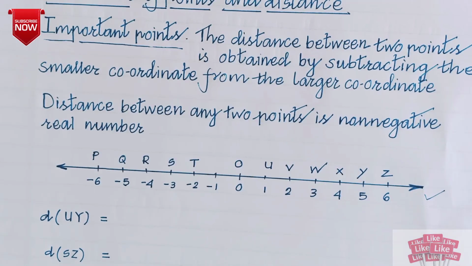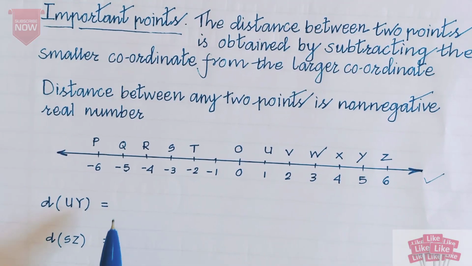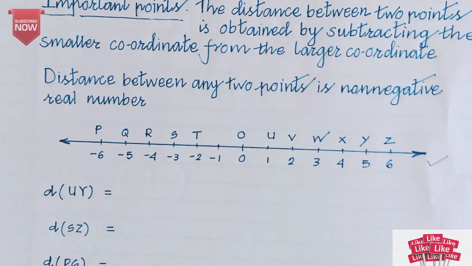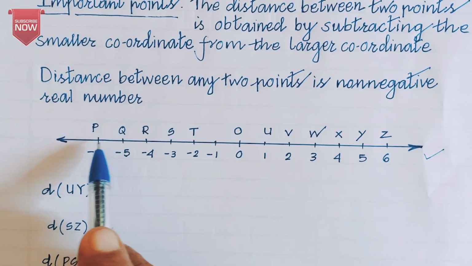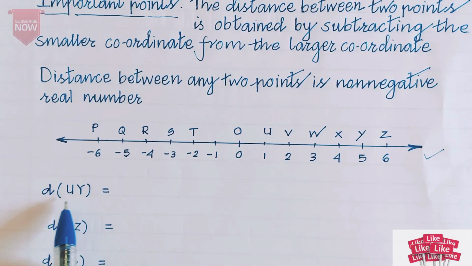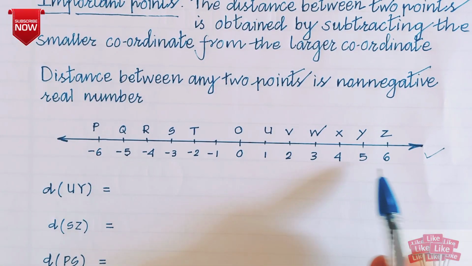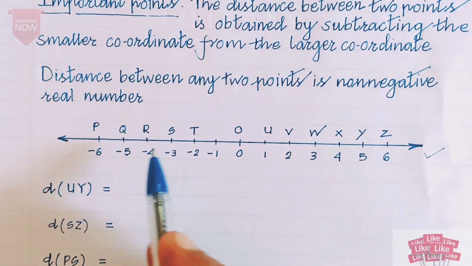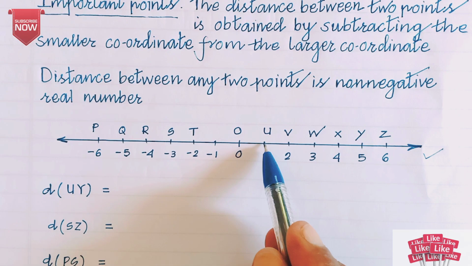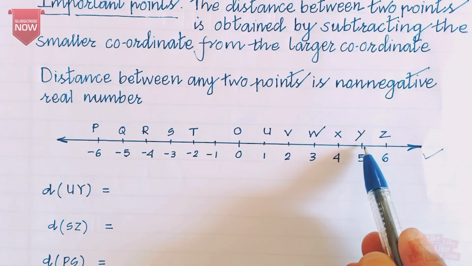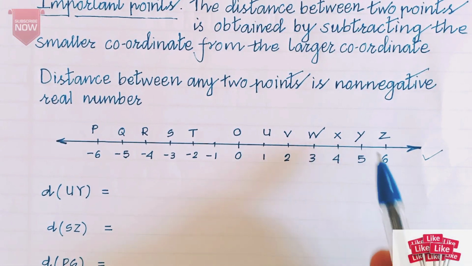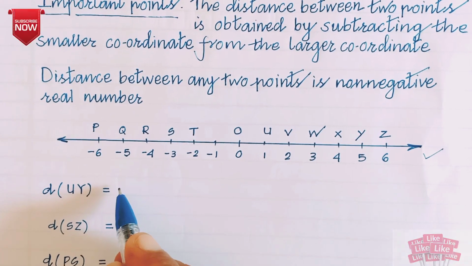Now you see here we have to find out the distance. Distance हमको अभी निकालना है. देखिए, you see this number line and we have given these coordinates. Distance UY. Now you see here where is U and this is Y. We have to find out the distance UY.